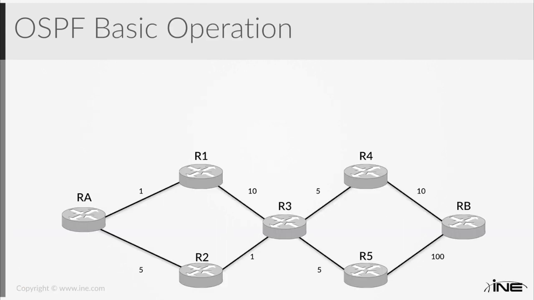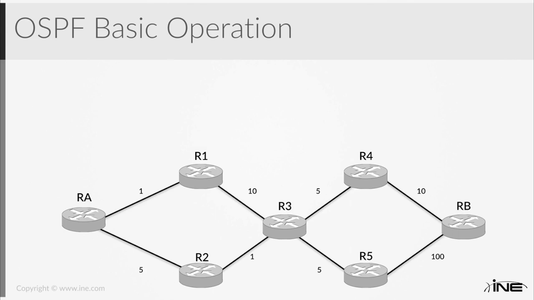Okay, so let's see how cost works as a basic metric to determine the shortest path to a certain destination. OSPF will assign costs to its interfaces, and depending on the interface, a calculation is going to be made to determine the cost of each link to a destination.